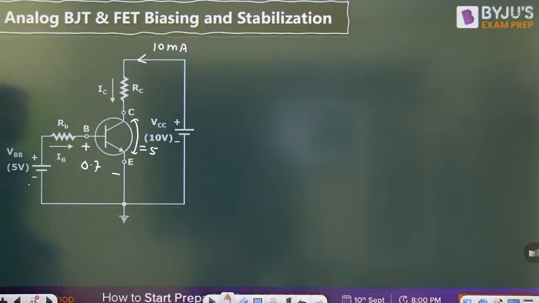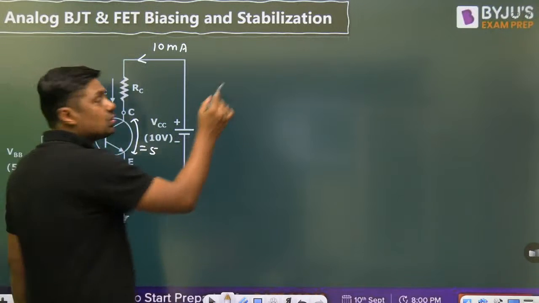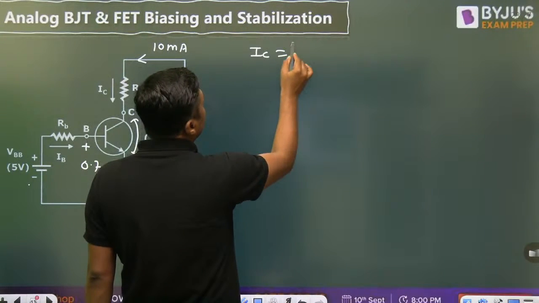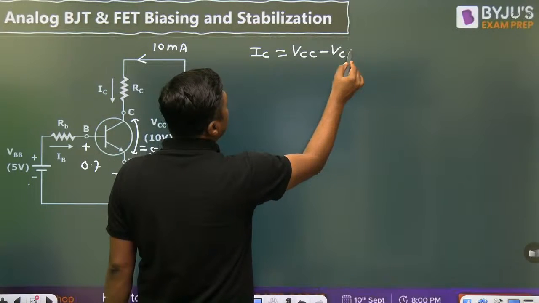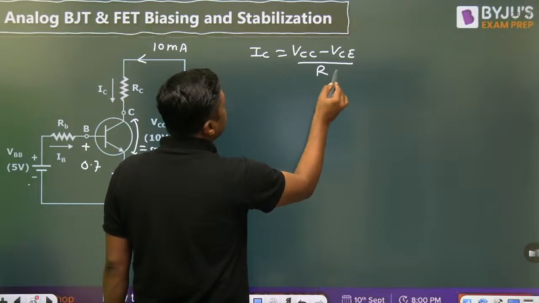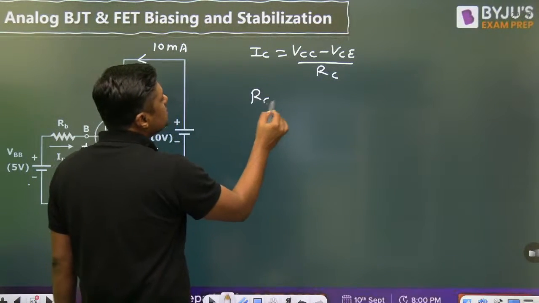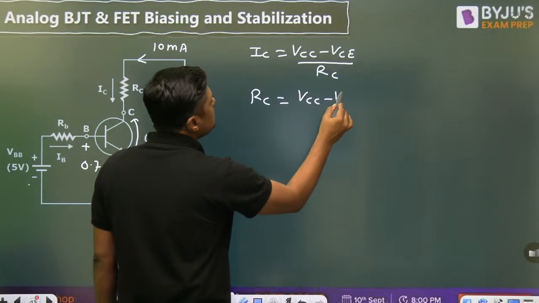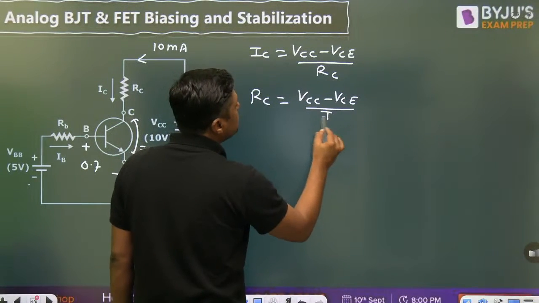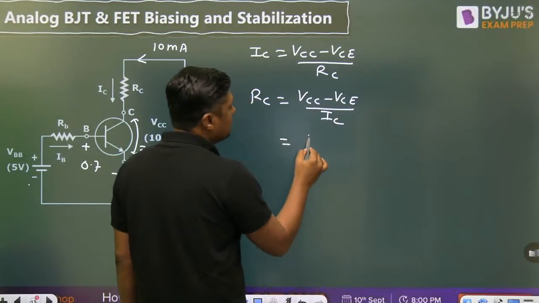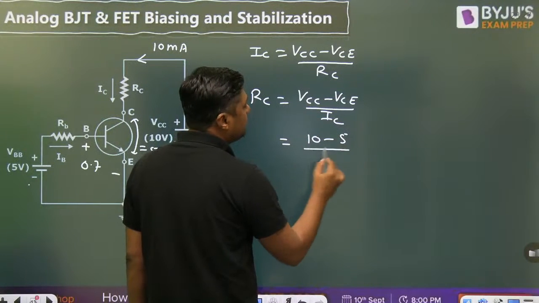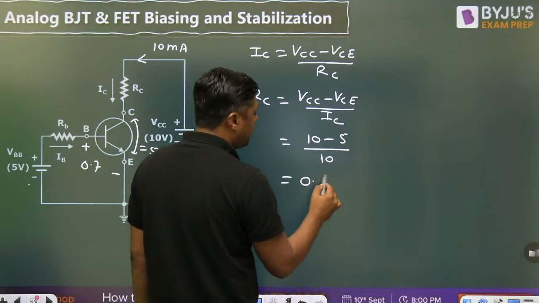What is the equation? IC is equal to VCC minus VCE upon RC. Now you can find RC is equal to VCC minus VCE upon IC, and that is nothing but 10 minus 5 divided by 10. That is 0.5 kilo ohm.